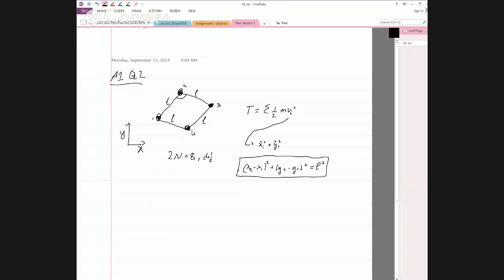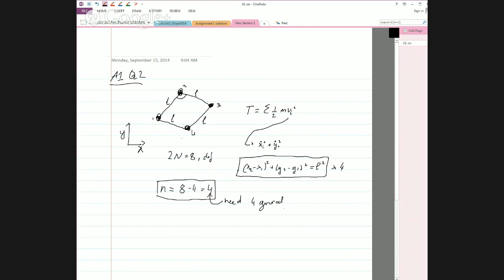Then you're asked in the problem to find, so there are 4 constraints, right? And so really, the number of degrees of freedom is 8 minus 4, so it's equal to 4. So you really only need 4 generalized coordinates to describe the system, right?